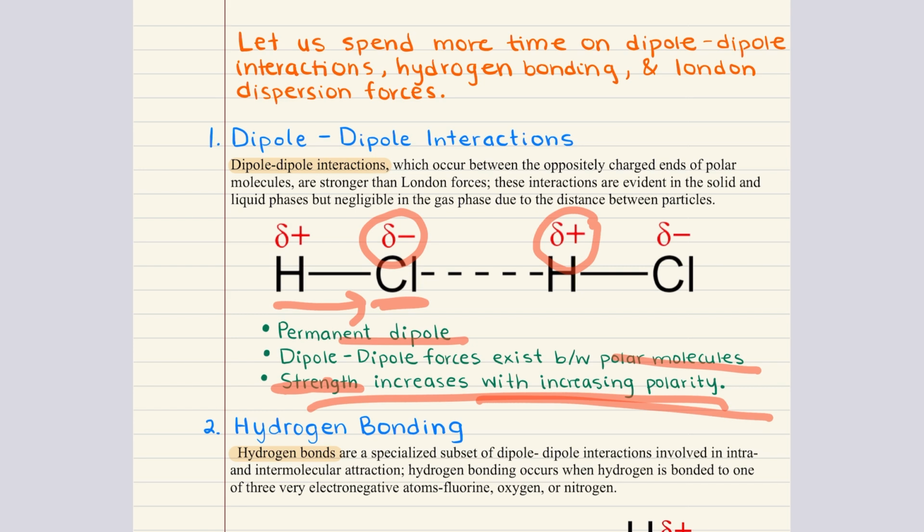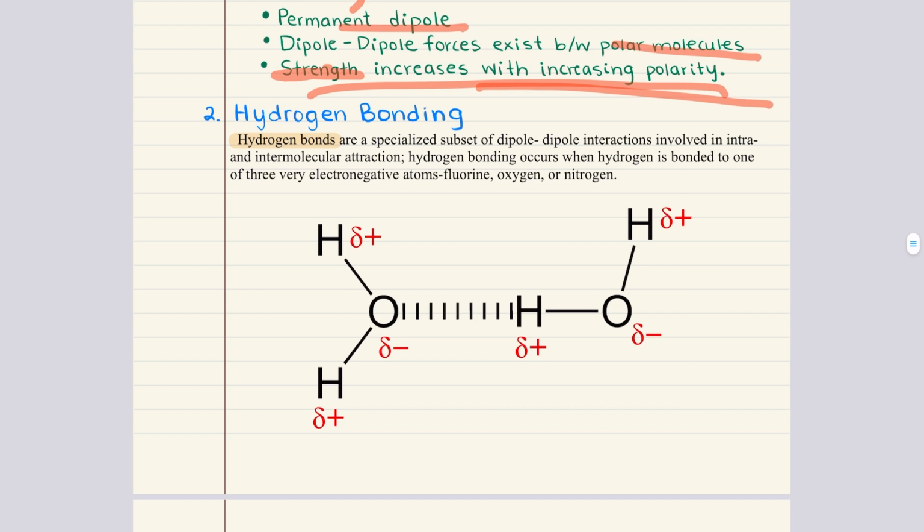Now that we've covered dipole-dipole interactions, let's move on to a stronger and more specialized type of dipole interaction. That's hydrogen bonding. Hydrogen bonding is one of the most important intermolecular forces with significant effects in both chemistry and biology.